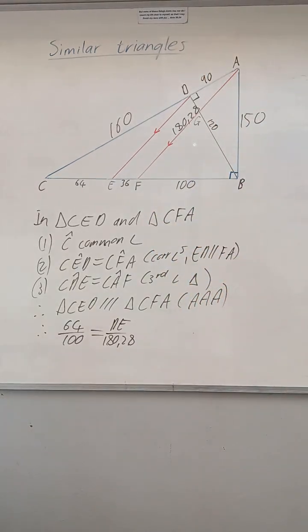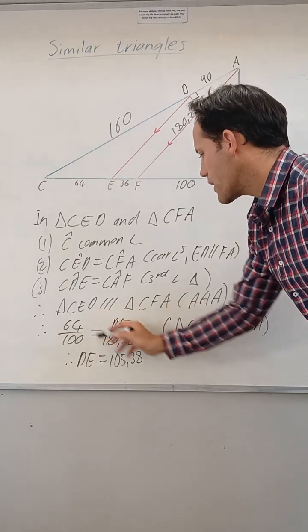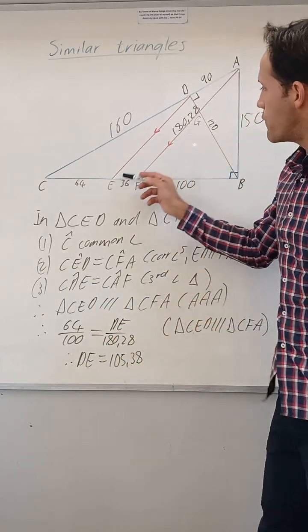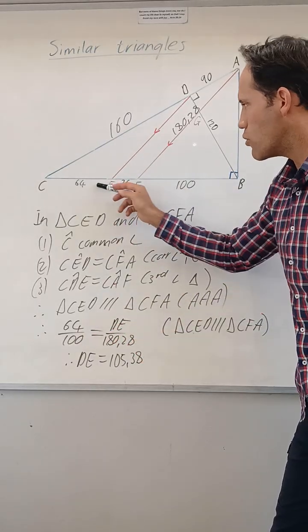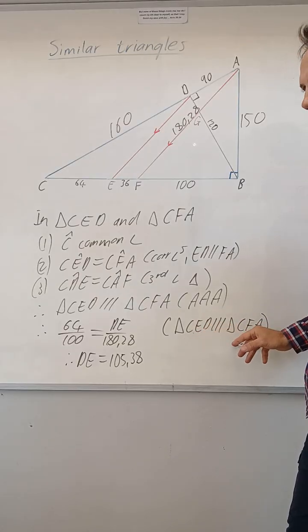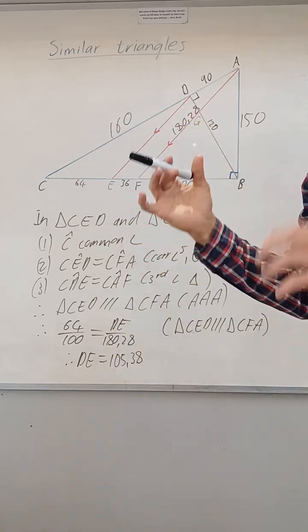Now we can quickly solve that one. When you cross multiply here, you can find that DE is 105.38. So we found this one. And the reason why we can put the ratios equal between the smaller triangle and the bigger one is because we showed the triangles are similar. That's why we can put the smaller triangle over the bigger triangle for the sides.